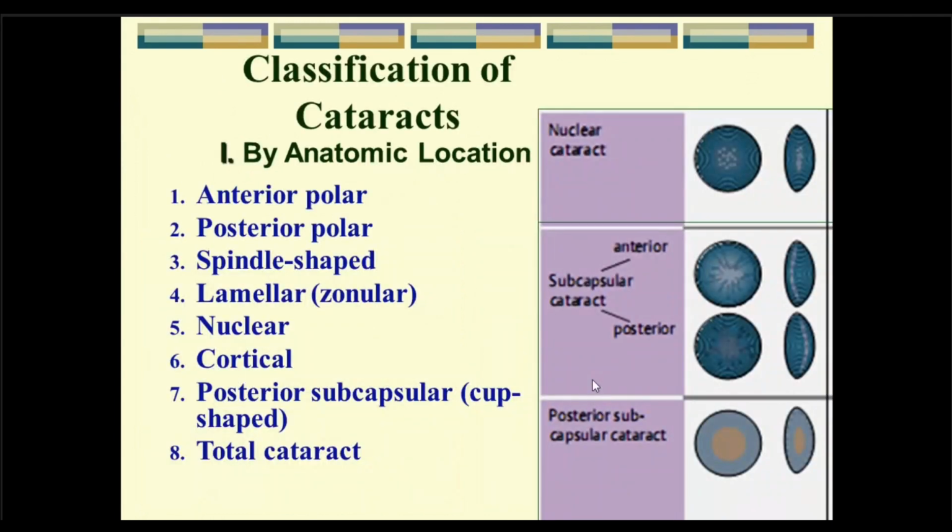Now we should speak about anomalies of the lens. We can divide all anomalies into cataracts, displacement of the lens, and congenital anomalies of the lens. Today, of course, we couldn't speak about all diseases of the lens, but we should pay attention to the more important ones.